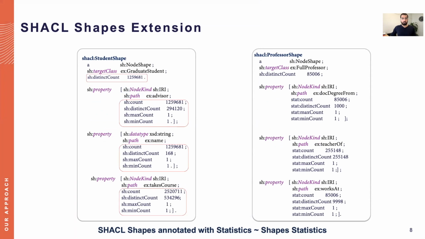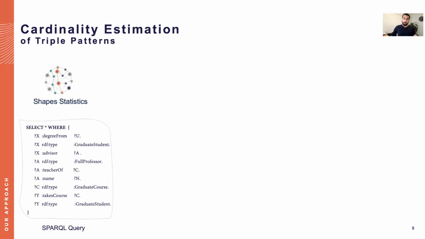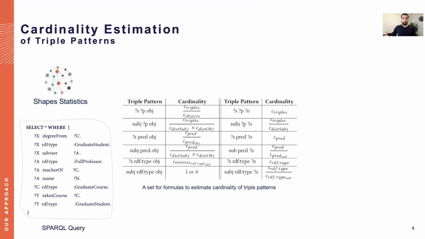For a node shape, we collect the distinct count, and for each property shape, the count, distinct count, and min and max count of these properties. We name these shape statistics. Given these shape statistics and a SPARQL query, we propose a set of formulas to estimate the cardinalities of individual triple patterns of the given query.